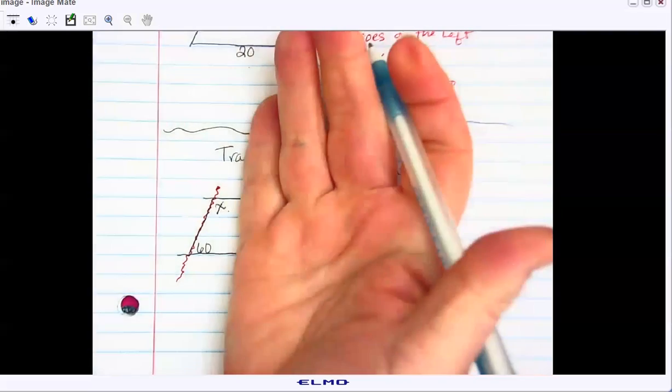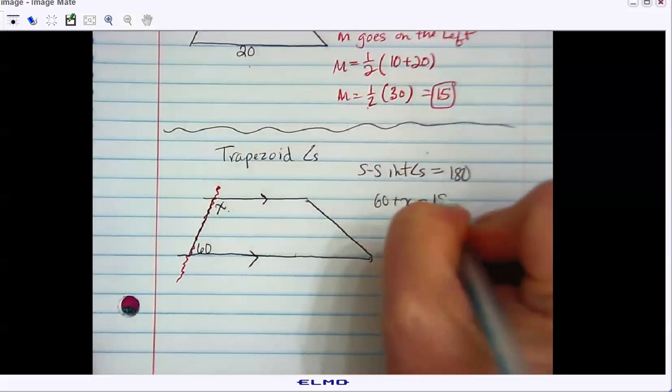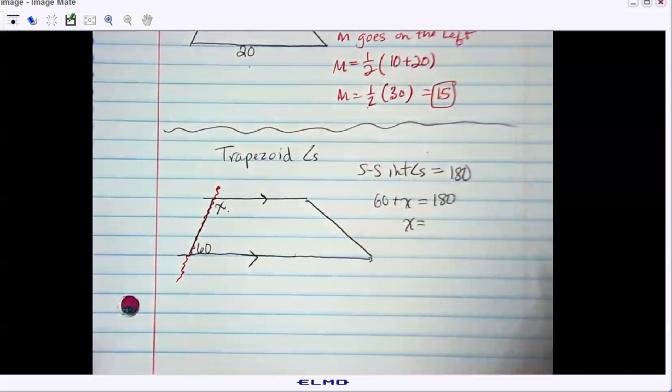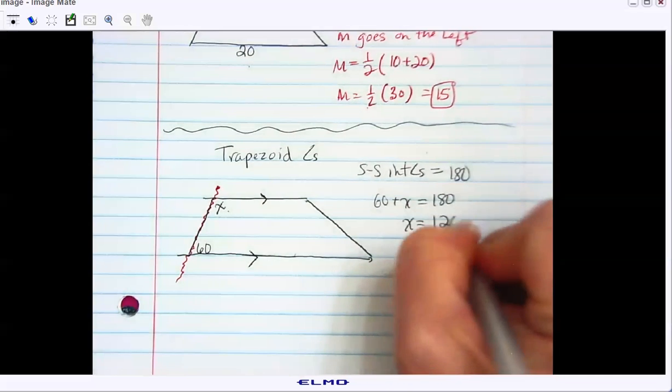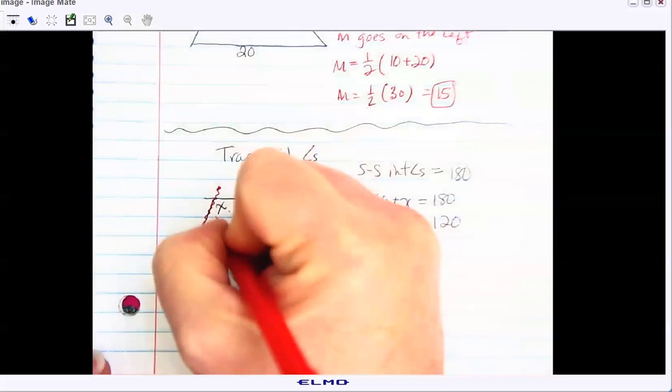So these would be 60 plus X is equal to 180. So what would X be? Let me know you're still with me, guys. What's X? 120. Nice, thank you. That's it. So we know that X is 120.